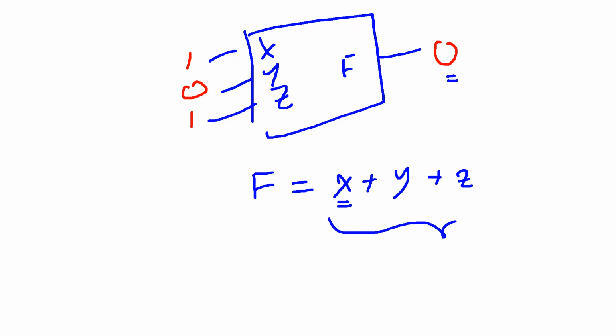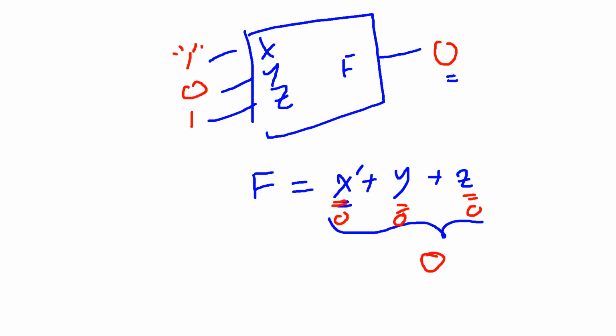For an OR function, it will be 0 only when every term is 0. But you want to apply 1 for x to make the expression 0, so you must add an invert to this variable.